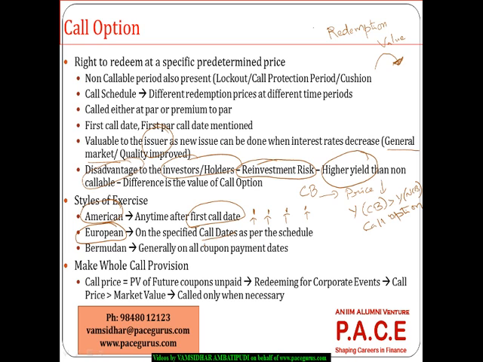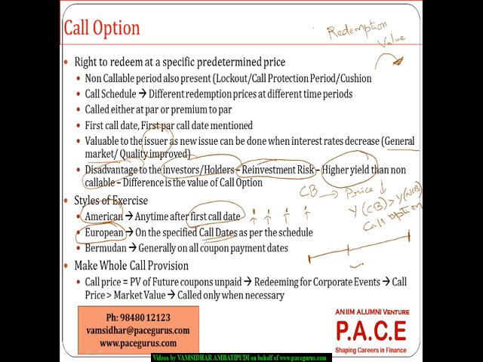So whatever the dates at which the different prices are being mentioned, only on those dates the European call option can be exercised. Whereas in case of Bermudan, it is somewhere in the middle of these two, because let's say this is the issue date, this is the first call date, and this is the maturity date.